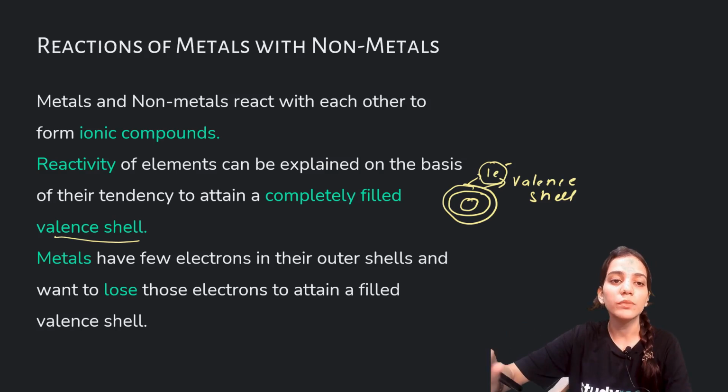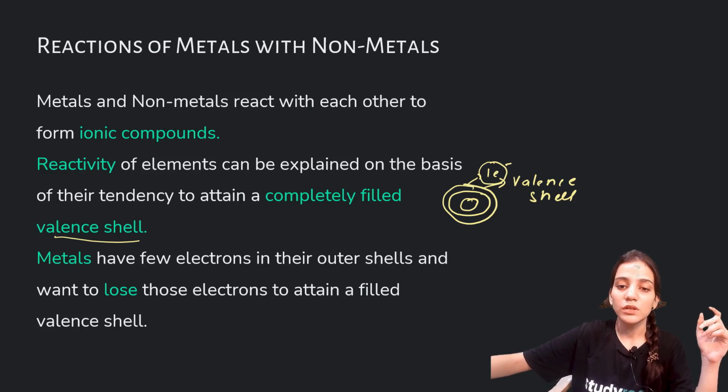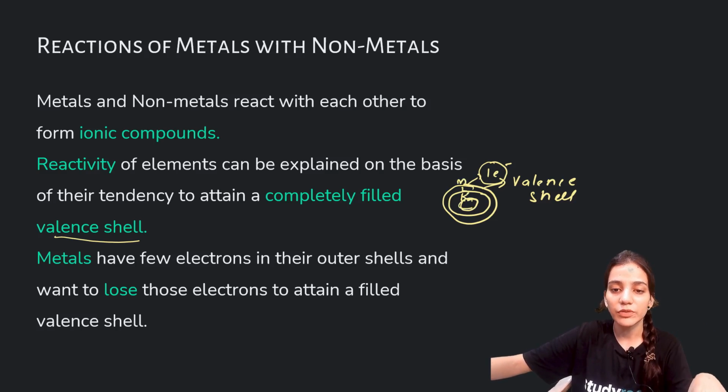As compared to non-metals, metals have few electrons in their outer shells and they want to lose their electrons to attain a filled valence shell. Suppose this is the K, L, M shells. Suppose this shell is completely filled, this is completely filled, and it has one electron in this.